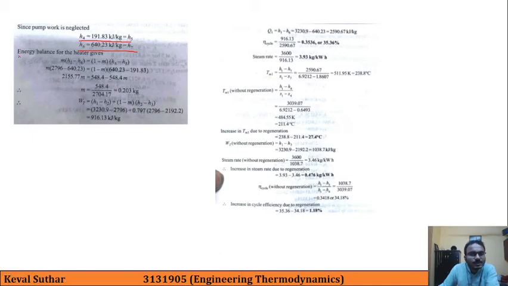And from the energy balance of the heater we can write down this formula.